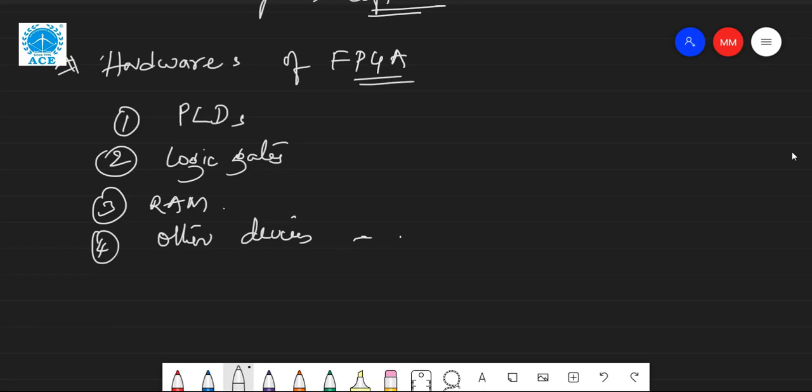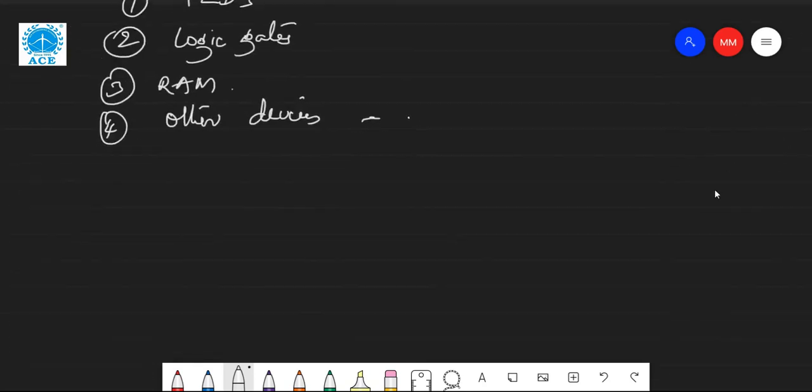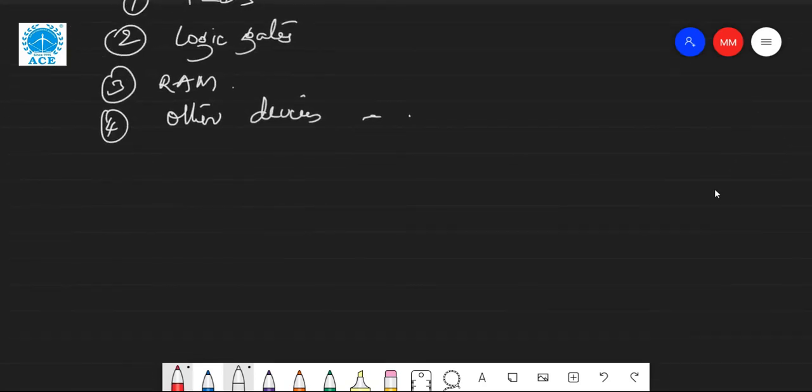Now in the FPGA layout, for example, if this is a layout, the layout of a unit is repeated in matrix form. Suppose I have one logic block, another logic block, another logic block, like this.